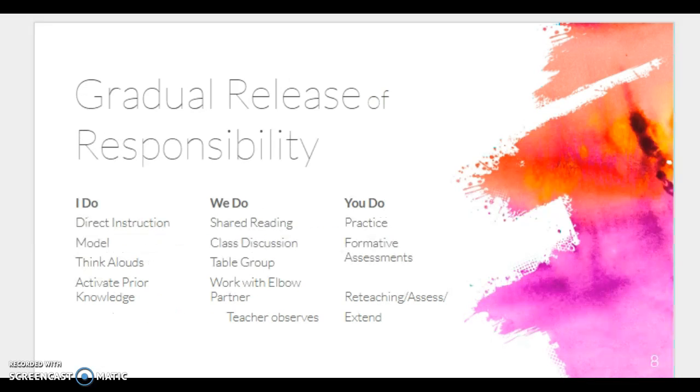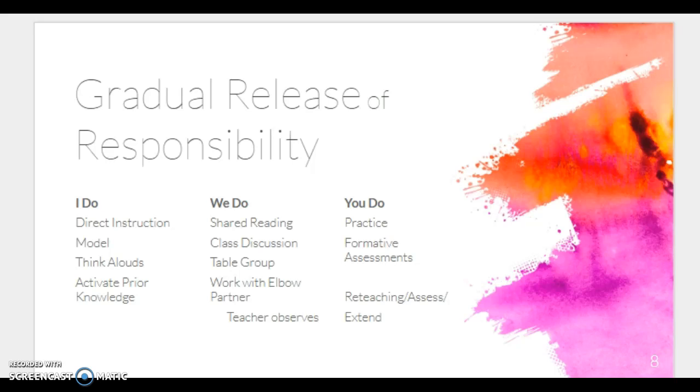And the gradual release of responsibility should be part of that backwards design. Think about what you could do for the direct instruction, how you could model it for the kiddos through think alouds and the activation of prior knowledge. Then moving on to the we do, if we're following a balanced literacy model, it would be shared readings, class discussion, table group work, working with elbow partners, with the teacher, of course, observing and intermingling throughout.